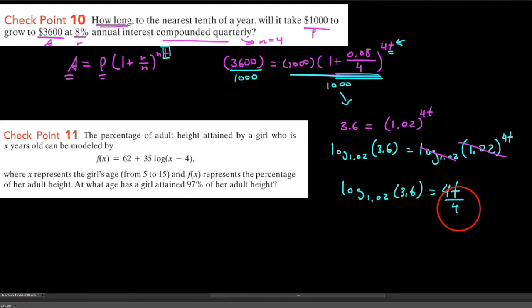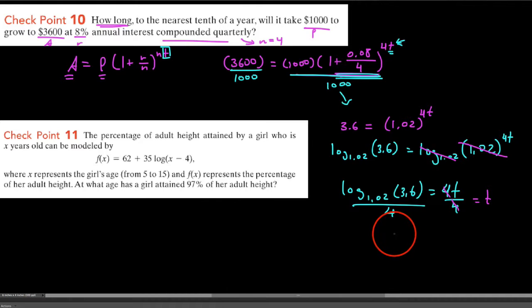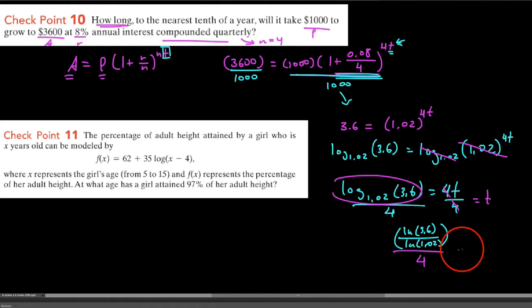To solve for this time, we'll divide by 4. So our time is going to be equal to this here. What we need to do is rewrite this top portion as a change of base situation. So I'm going to use ln. The ln of 3.6 over the ln of 1.02 would be our change of base that tells us this on a calculator, and then we're going to divide that by 4 to get our time.